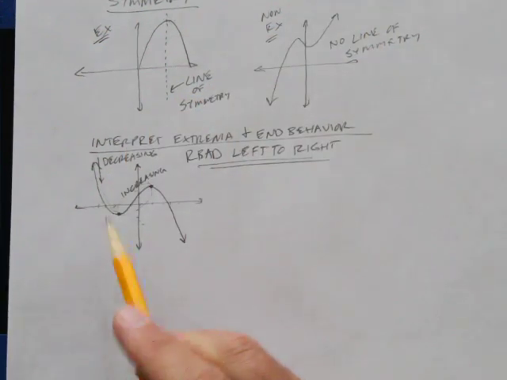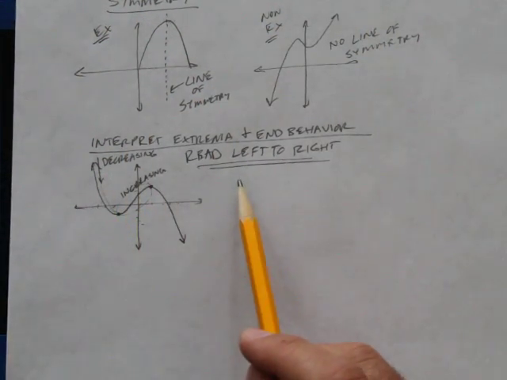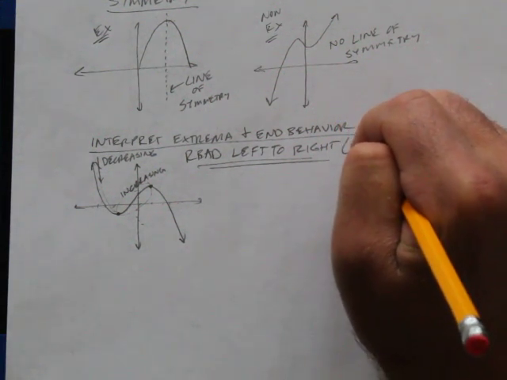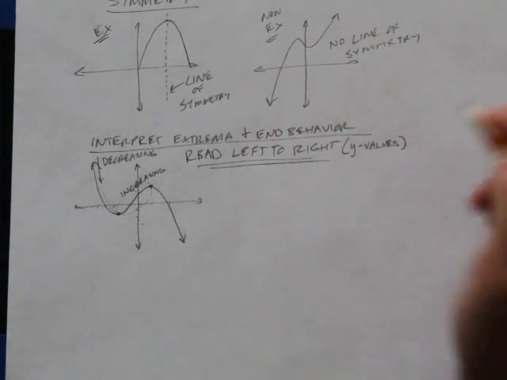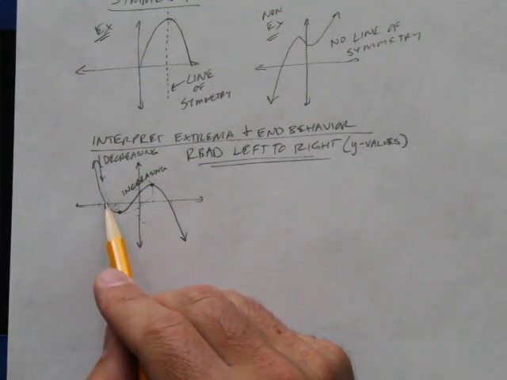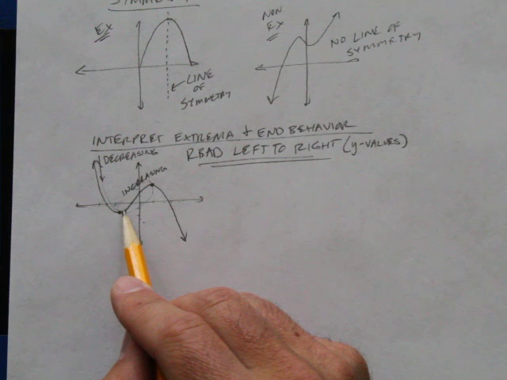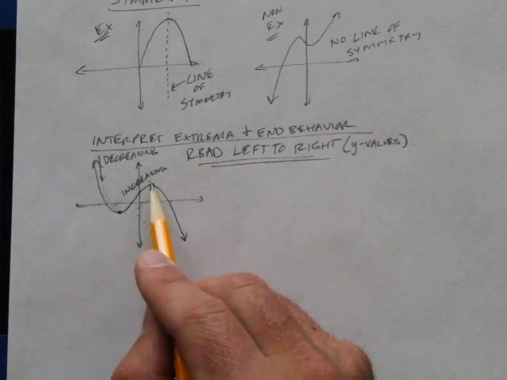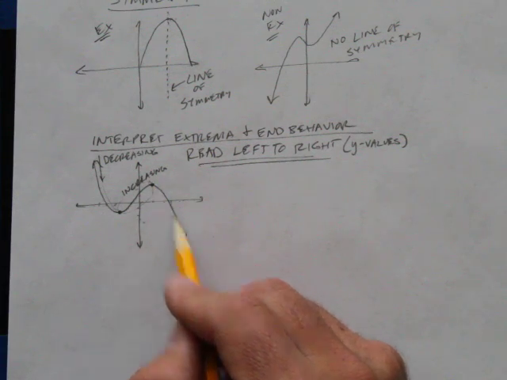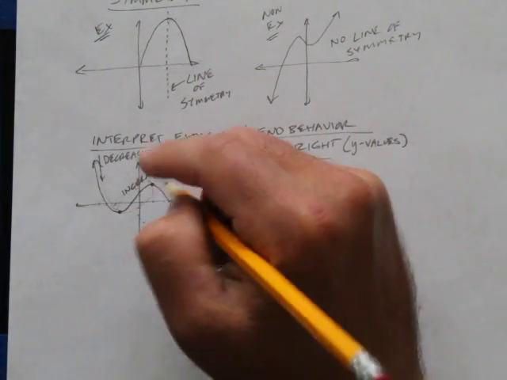So I'm thinking of my y values as I'm going left to right. What are they doing? Are they going up or down? So here my y values are going down, down, down, down, down. Here my y values are going up, up, up, up, up. So this is increasing. And then we get here again, and now we're going down again. So we're decreasing again.